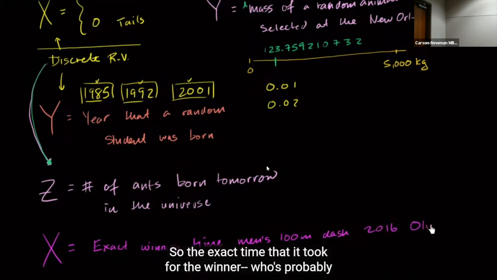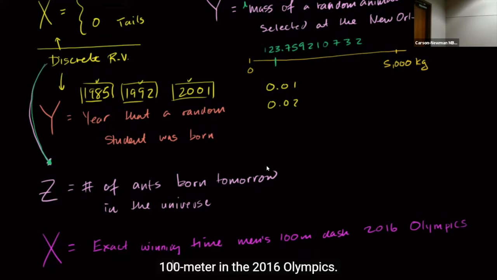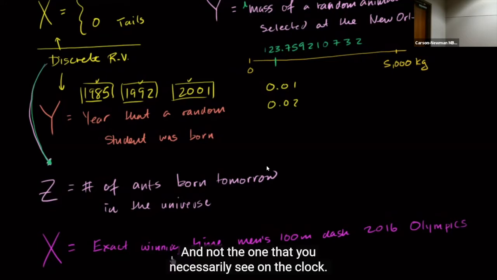The winner is probably going to be Usain Bolt, but it might not be, actually, aging a little bit. But whatever the exact winning time, and not the one that you necessarily see on the clock, the precise time.